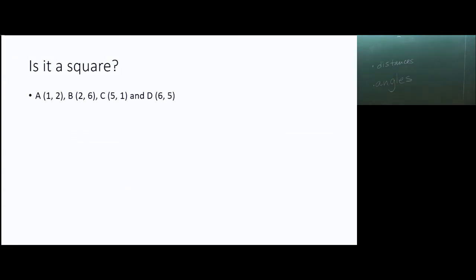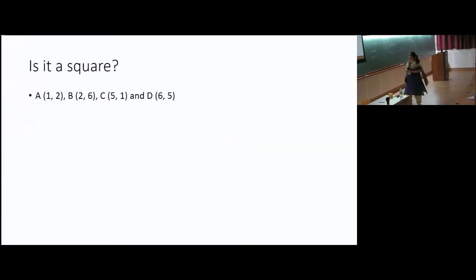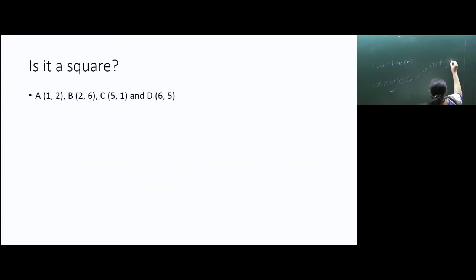We are talking 2D. So for Pythagoras, you will calculate the distances, right? Angles, okay. So for angles, you said dot products. I am asking, is there any other way? Dot product is one way. Anything else?